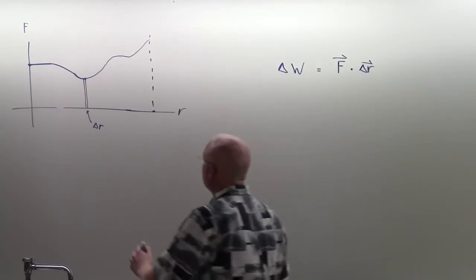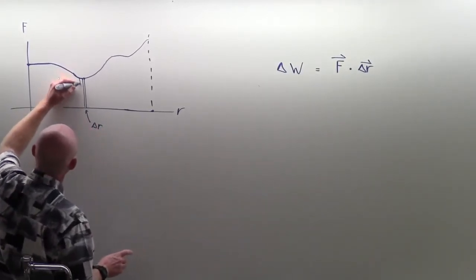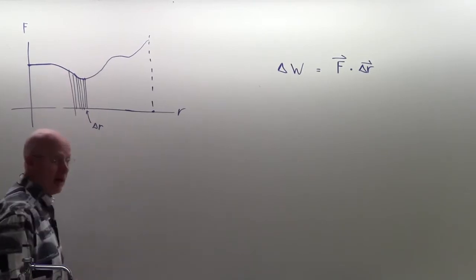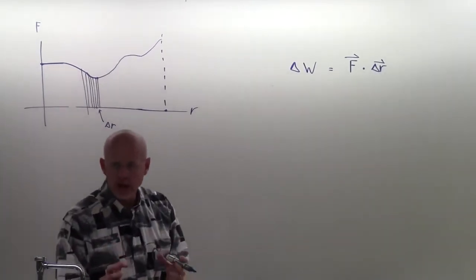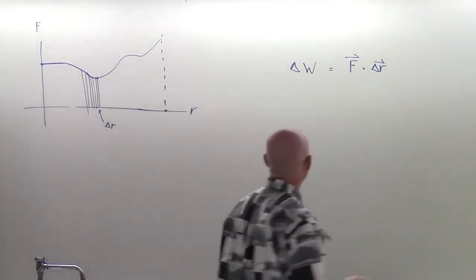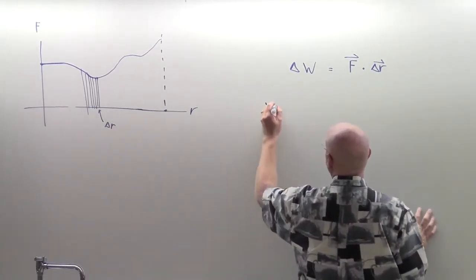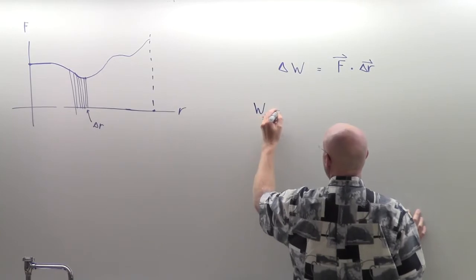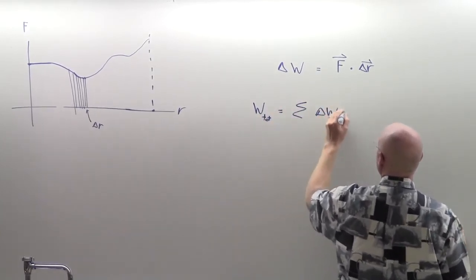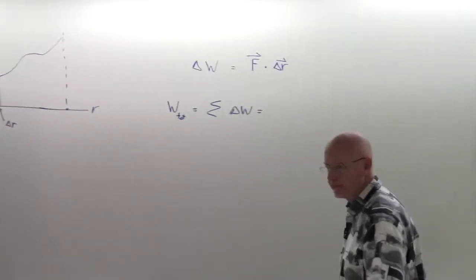And then we could play this same game again and again. And this hopefully looks like your second fundamental theorem of calculus. It is saying that the total work would be adding up all the little bits of work.